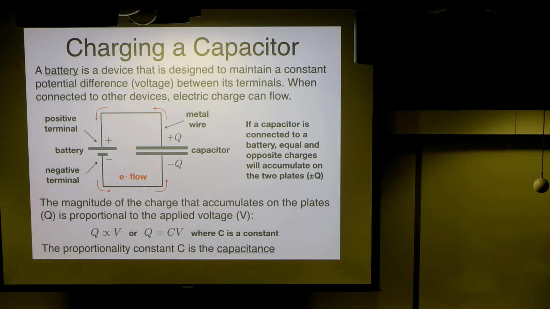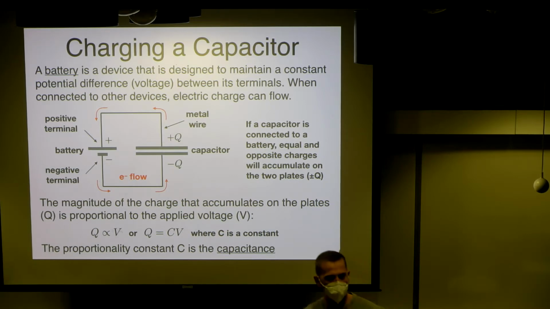So now let's talk about the simplest circuit we could possibly put a capacitor in, which is to connect our capacitor up with a battery. Okay? Now, a battery is something that we're going to look into in more detail in the next chapter, and we'll see how a battery actually works and what kind of chemical reactions are happening inside of a battery that makes it work.